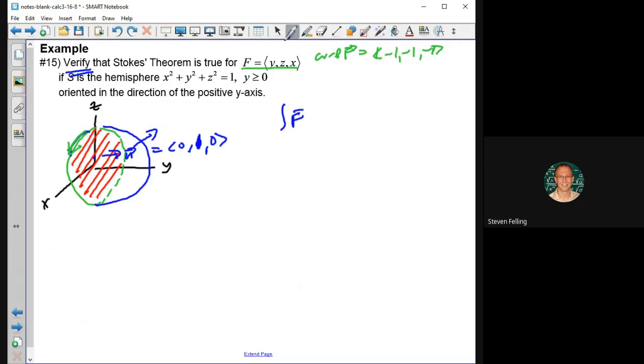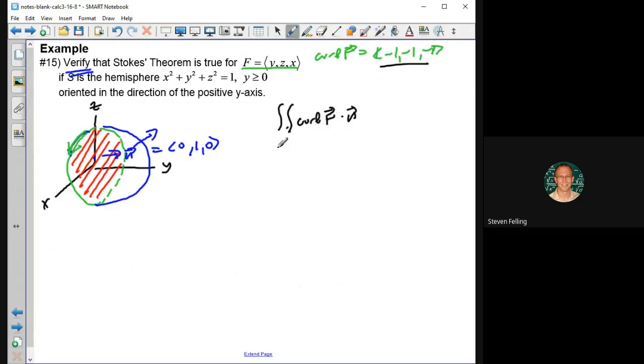So let me back up and use black. This is 0, 1, 0. And we're just going to take the double integral of curl of f dot n.